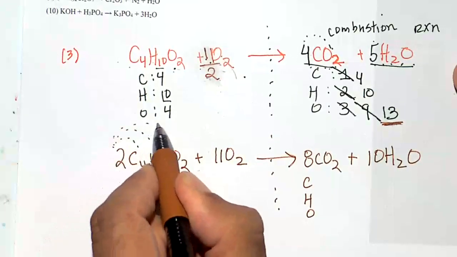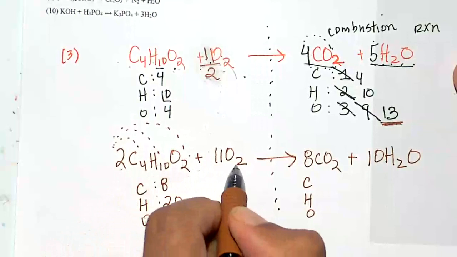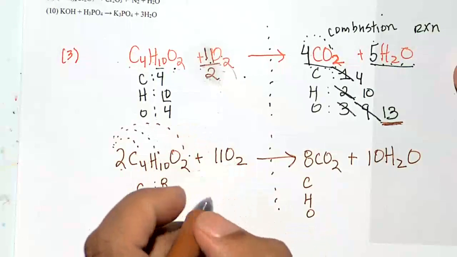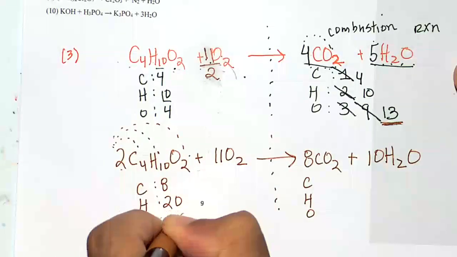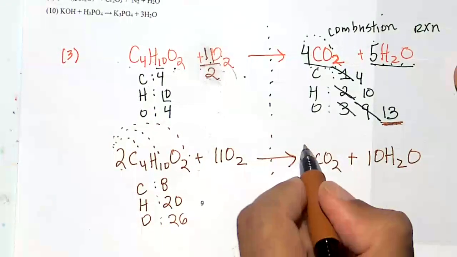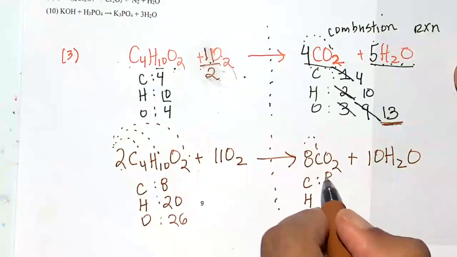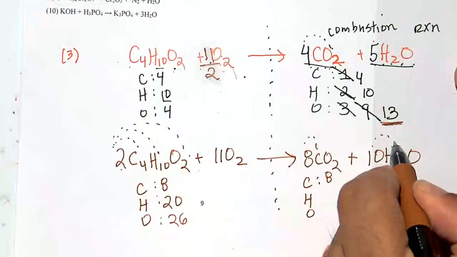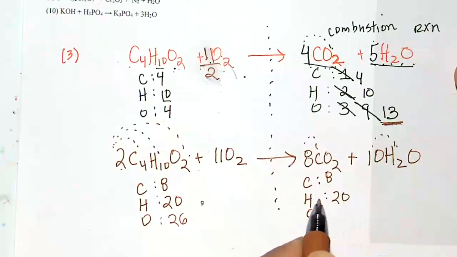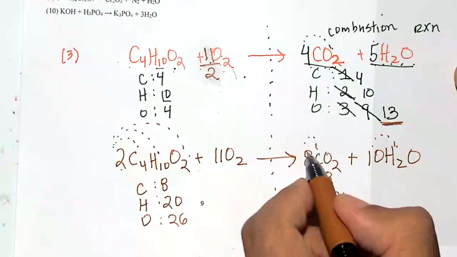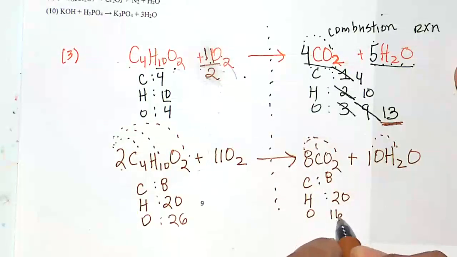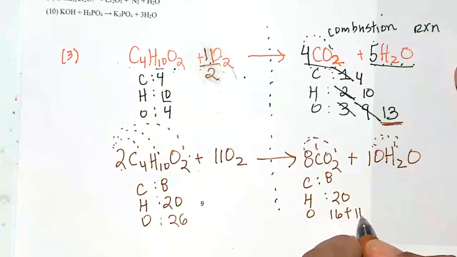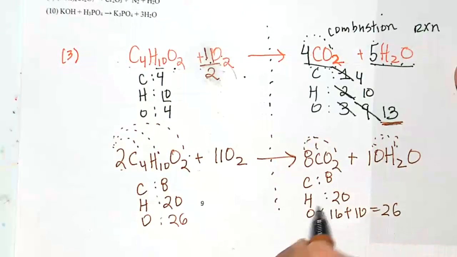How many oxygens do we have? 4 plus 22 is 26. How many carbons do we have? How many hydrogens do we have? 20. And then how many oxygens do we have? 16 plus 10, 26.